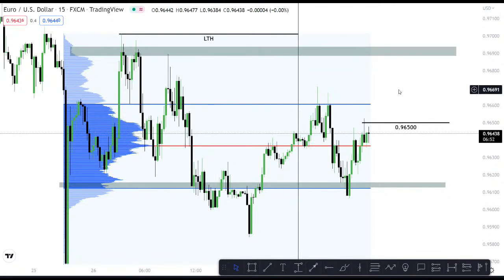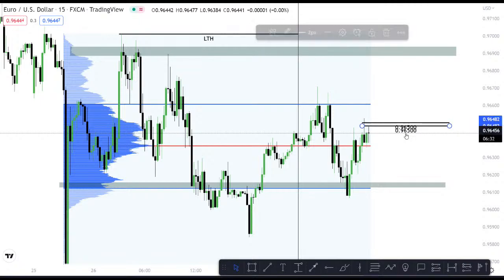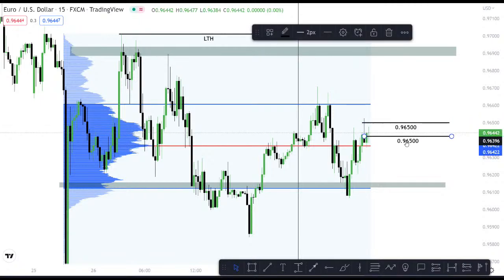The concept says we need to see ourselves trade below an institutional level, then come back to that level for entries right here, the 50 level. Below this 50 level, we have a smart trading entry, which is a 40 level down here.